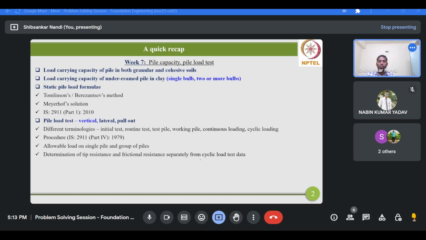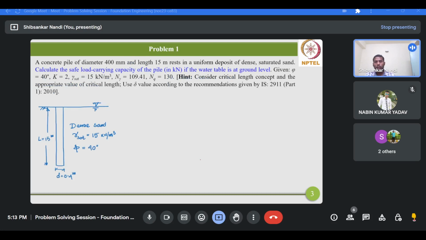Now we'll start today's session with this problem. A concrete pile of diameter 400 mm and length 15 meter rests in a uniform deposit of dense saturated sand. Calculate the safe load carrying capacity of the pile in kilonewton if the water table is at the ground level.